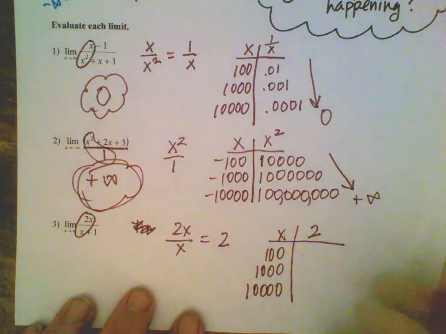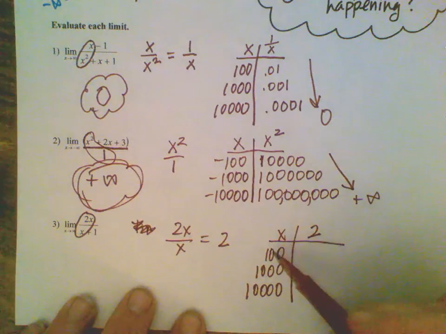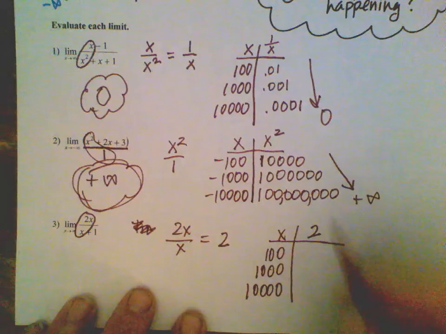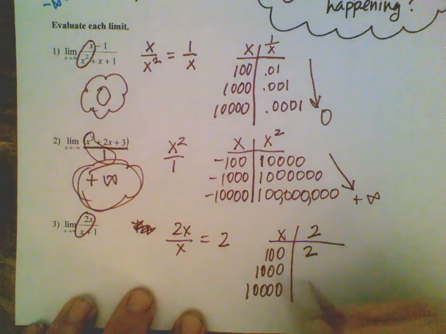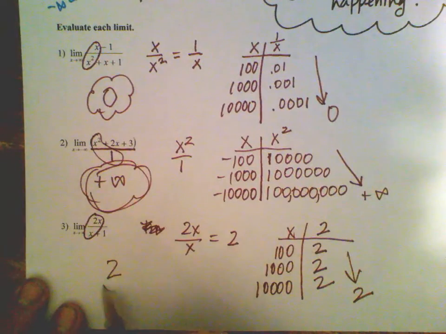Well, wait a second. I have nothing to plug in. This is just a constant. So if x is 100, the function is always a constant 2. 1,000, 2. 10,000, 2. A million, it's going to be 2. What is this approaching? 2. So my limit here is 2.